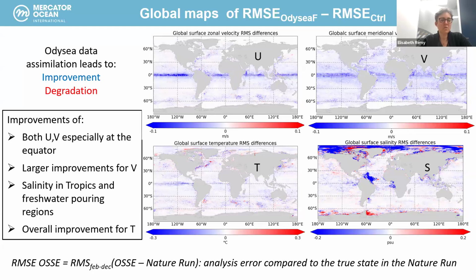We can see that there's an overall benefit of having the Odysea observations assimilated, and the stronger one is especially at the equator for U and V. We see larger improvement over the globe for V, and in temperature there's an overall improvement, but there are areas with both degradation and improvement, with clear improvement in the Pacific, mostly in the eastern part. And for the salinity, the improvements are really strong in the river plumes.